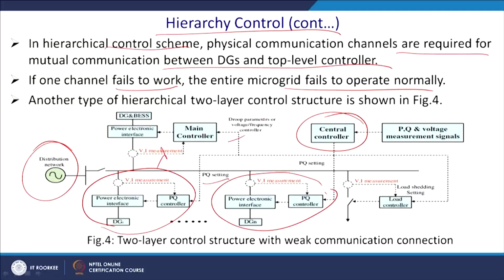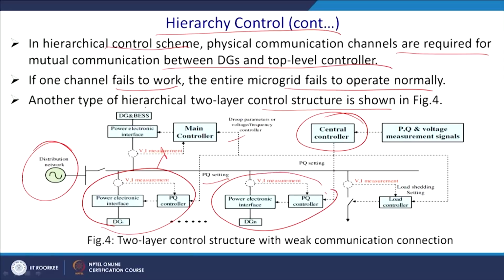Another type of hierarchical structure is the two layer control structure, that is generally preferred, and that gives the redundancy and the flexibility. That is shown in the figure. This is a main controller and there is another central controller.